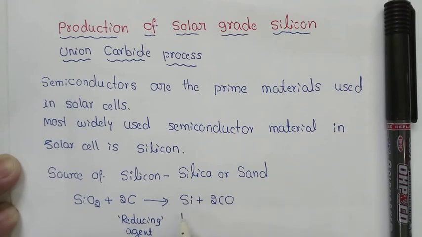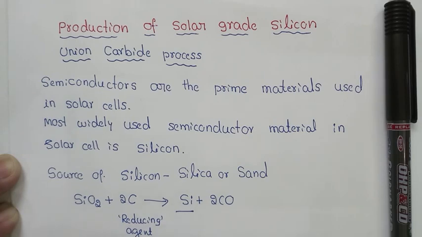This molten silicon is separated from the bottom of the furnace. So we call it crude silicon, obtained after the reduction of silicon dioxide. This silicon is further subjected to a refining process by treating with oxygen and slag forming additives like sand or limestone.